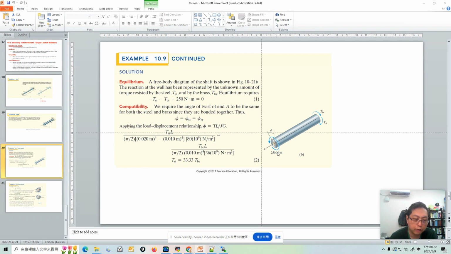The most important thing is, when you apply the torque on the coaxial structure, the core and shell both share the applied torque. So there will be a torque contributed by brass, and a torque contributed by the steel.